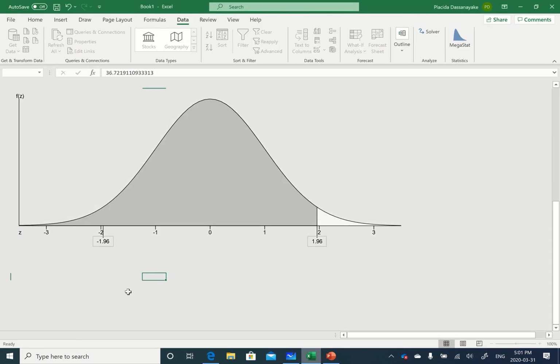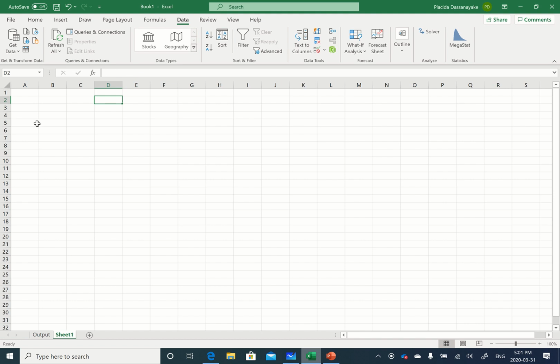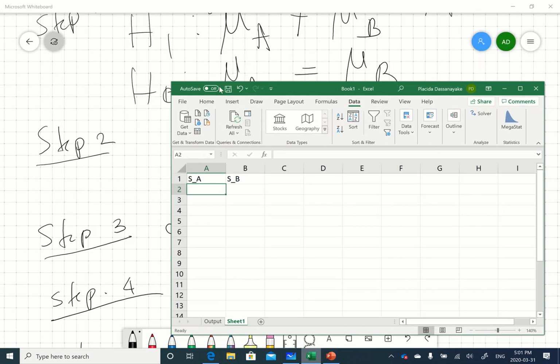So in MegaStat, first, like we did in chapter 9, now we need to summarize. So instead of 1 summary, we have 2 summaries now. So summary of process A and summary of process B. Add labels. Make sure you add labels. It's important. And what are the numbers?